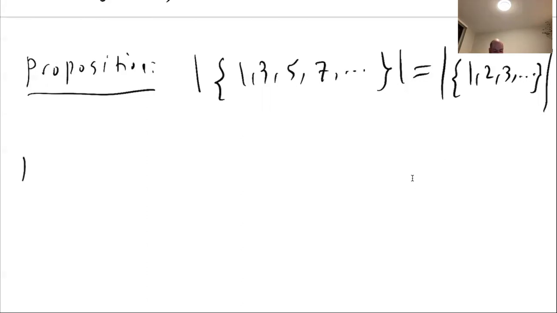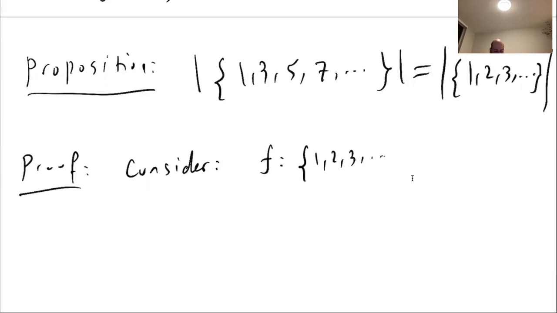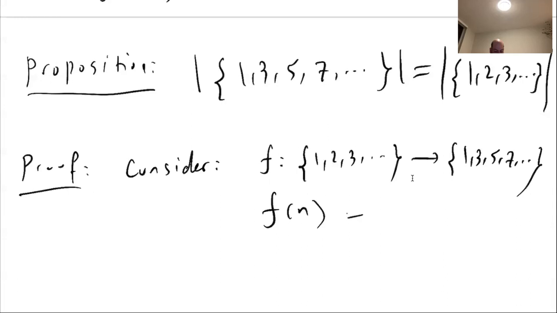So, proof. The construction of such a bijection is a very easy task. Consider, let's say, f from 1, 2, 3, and so on to only odd numbers. f of n, I want to define as 2n minus 1.